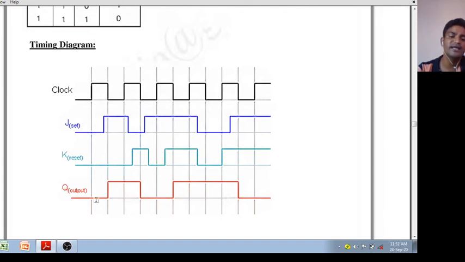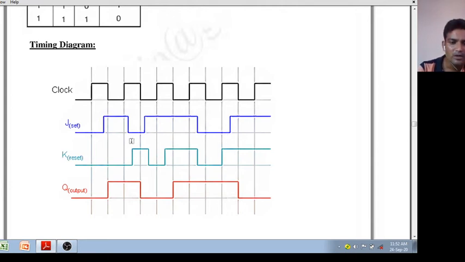What will be the next state? In this case, suppose I am using negative edge triggering. Negative edge triggering means the output will change only at the negative edge. Negative edge means when we are going from 1 to 0. This is your negative edge. Output will change here, then here, then here, then here, then here. This is your j and this is your k.